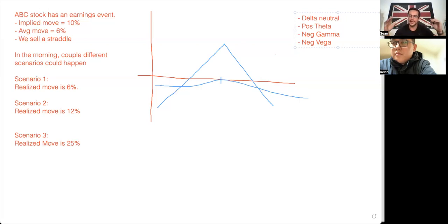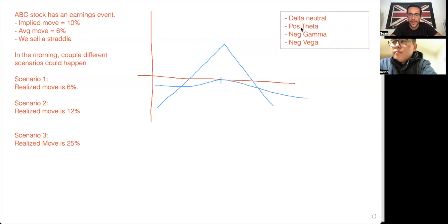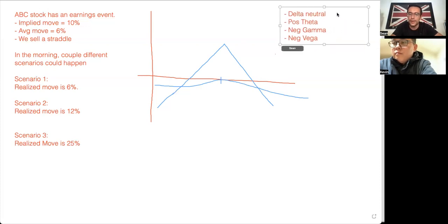We make money as time passes. We lose money on big moves, and our delta can change as time moves forward. So then this is our trade, and we want to look at which ones we're most sensitive to. It's the bottom three. We have a lot of exposure to these bottom three right now.